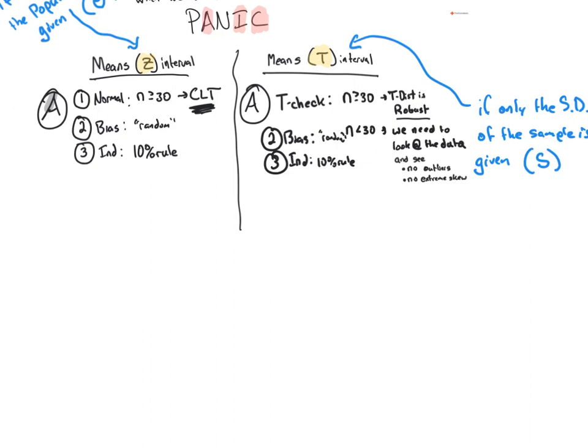It's literally just a quick check. Am I doing a normal? That's called z. Z is normal. Or am I doing a t? We'll check that you can use the t distribution. It's got a little more depth to the check, but it's not too much more extreme. That's what that looks like.